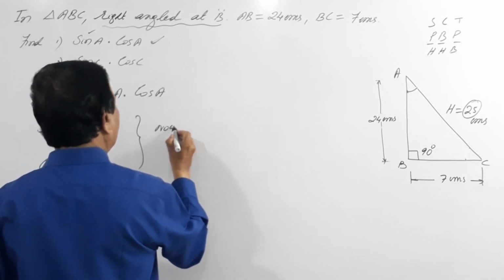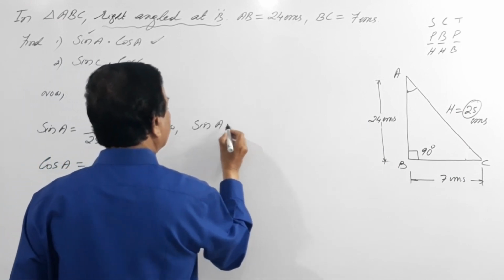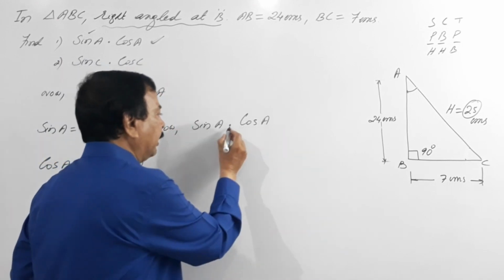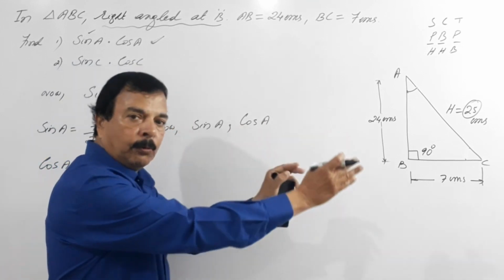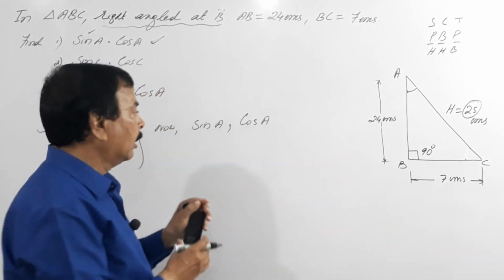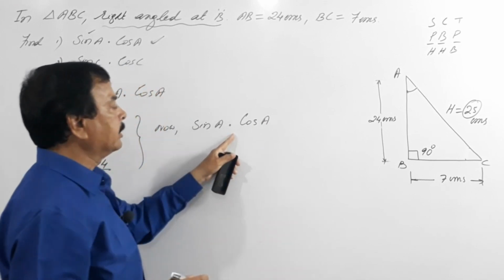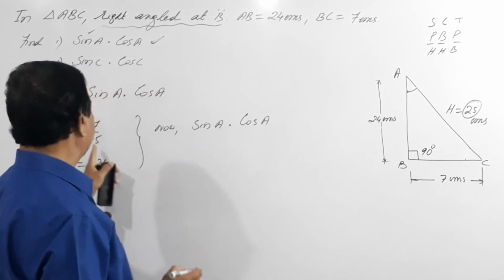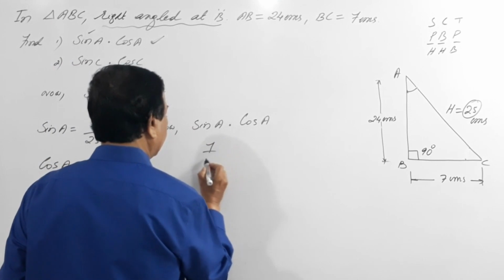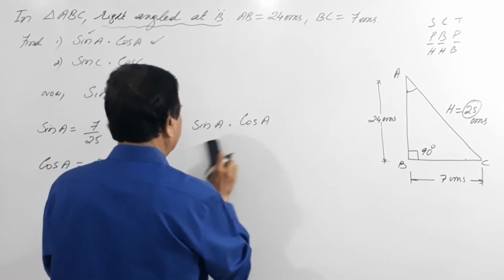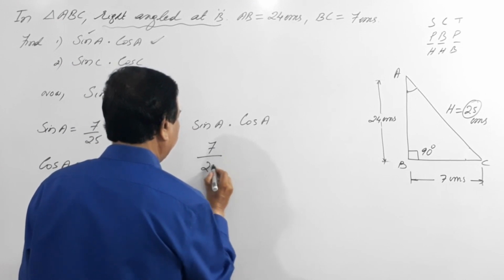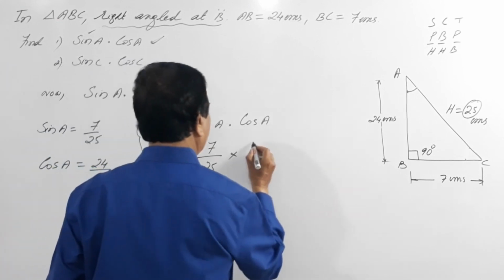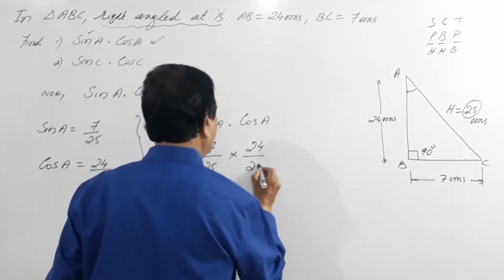Now sin A into cos A, अगर डॉट था तो if it is comma, ये अलग वो अलग, मगर अगर डॉट होने से इन दोनों को मल्टीप्लाई करो, इसका मतलब ये बनता है. सो व्हाट इज साइन? This is 7 by 25 into cos A. Cos A is 24 by 25.